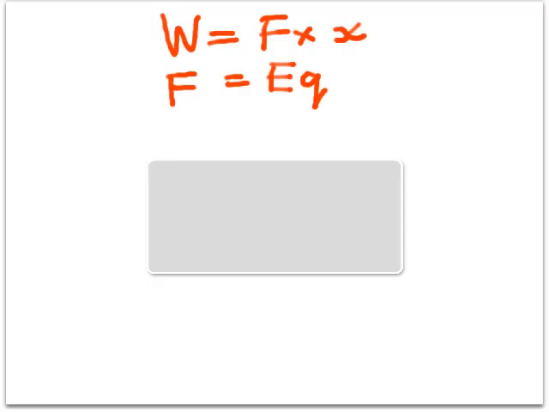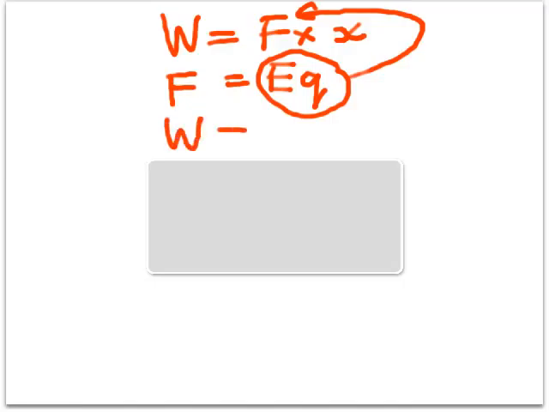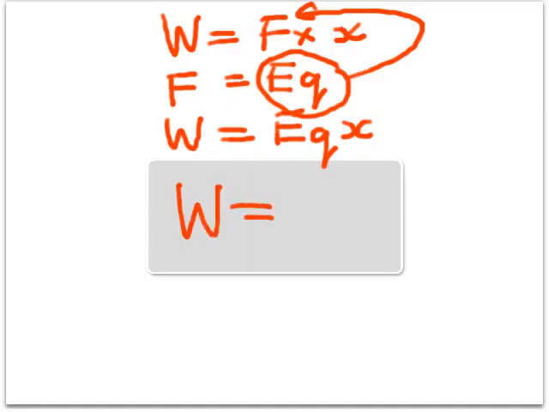So let's substitute this term for force, and you then get work equals E times Q times x. We have just derived a new formula for work done in an electric field.